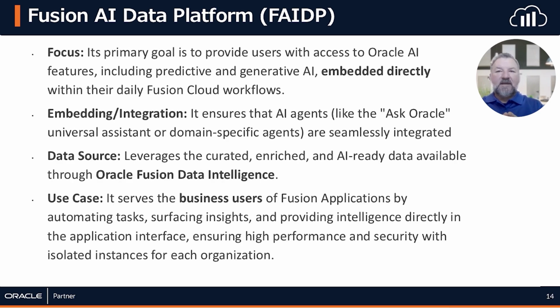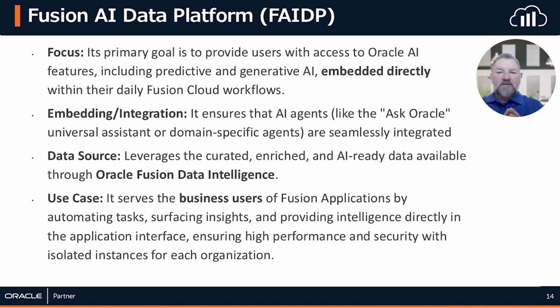Again, Fusion AI Data Platform is a pre-built product for Fusion cloud applications. Its primary goal is to provide users with access to Oracle AI features, including predictive and generative AI, embedded directly within their daily Fusion cloud workflows. The embeddings and integrations ensure that AI agents like Ask Oracle, the Universal Assistant, or domain-specific agents are seamlessly integrated into that environment.